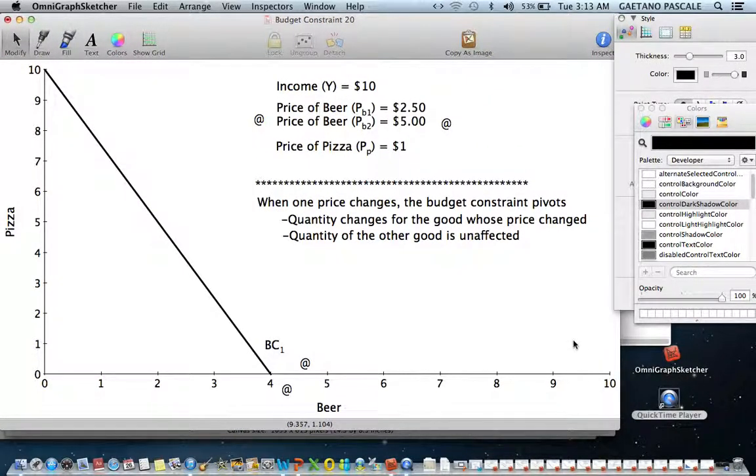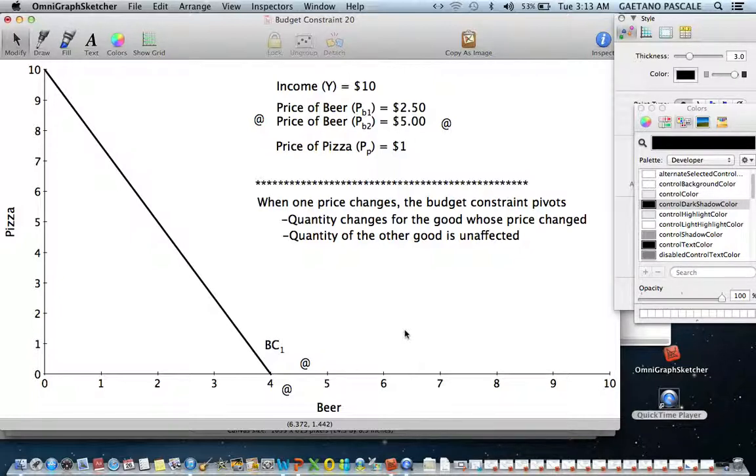Let's see if we change prices. So for example, here's our original price of beer at $2.50. We're going to raise the price to $5, and we have an income of 10. What's going to occur? Well, realize that when you change the price of a particular product, the budget constraint does not do a parallel shift. It sort of rotates.